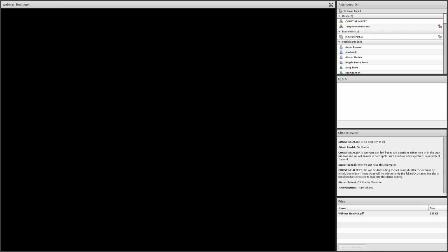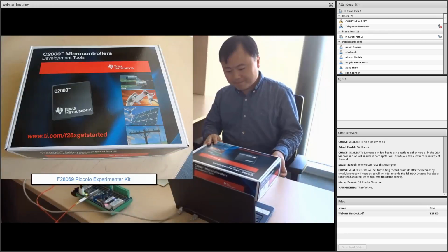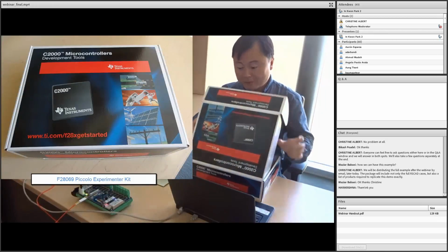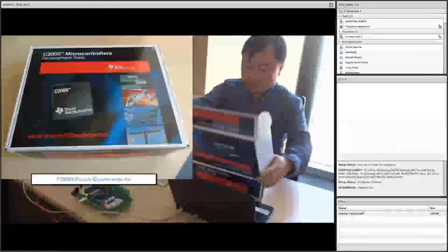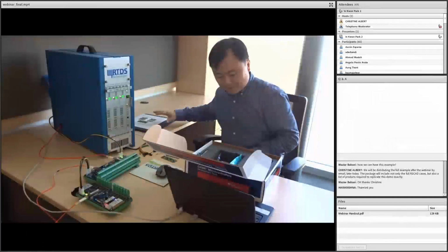So that's me, Inquan, and then we have that Piccolo experimental kit. What I'm doing there is opening the box, and the box is mostly styrofoam. So even if the box looks very big, what's inside is not that many.